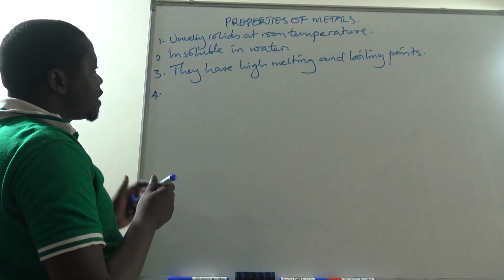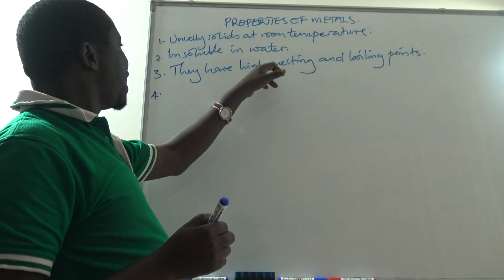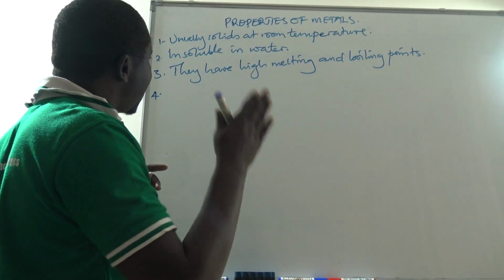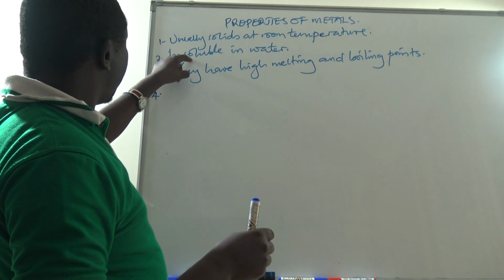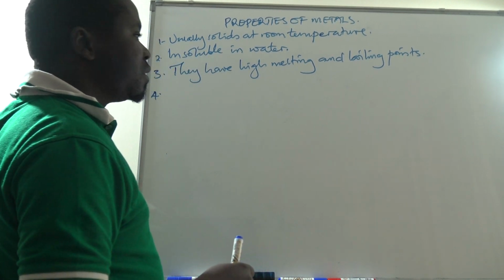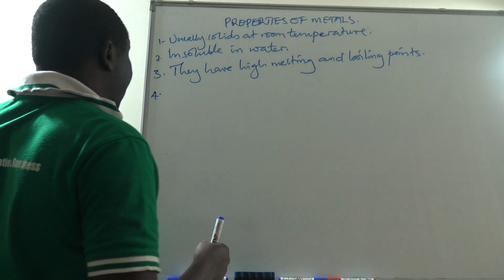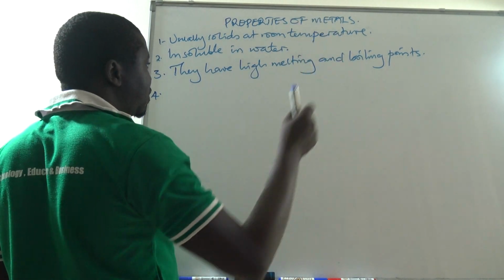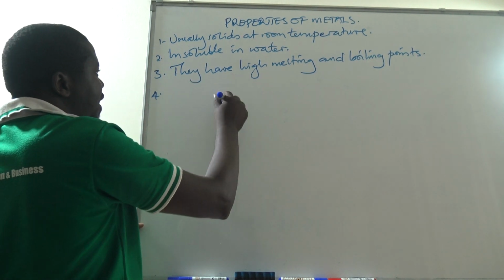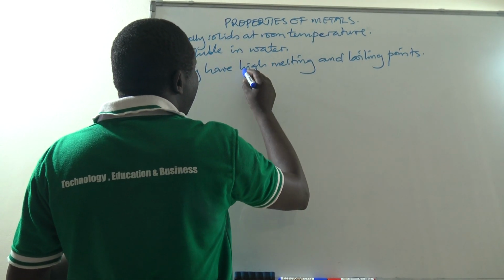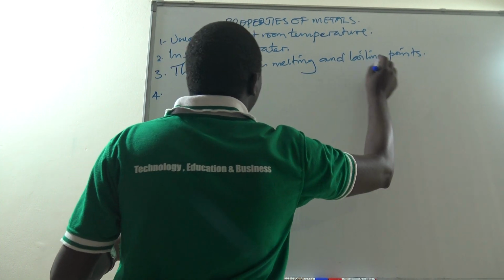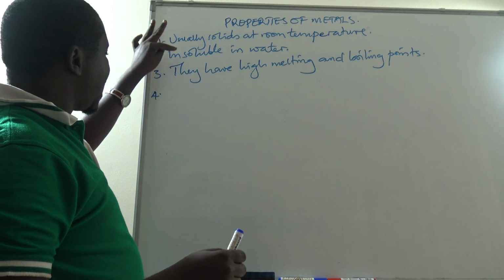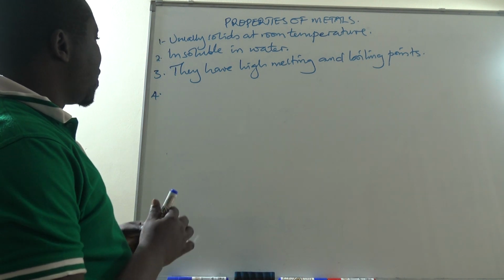Then you must know that this characteristic is similar to the characteristics of the ionic compounds. The difference here is that metals are insoluble in water, but the ionic compounds are soluble in water. That's how you can distinguish between metals and the ionic compounds. Both are solids at room temperature and have high melting and boiling points, only that with solubility, metals are insoluble in water and ionic compounds are soluble.